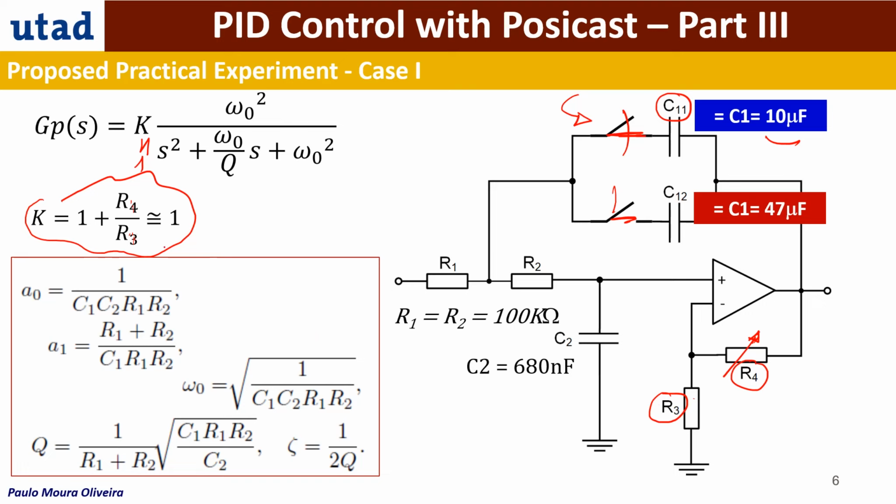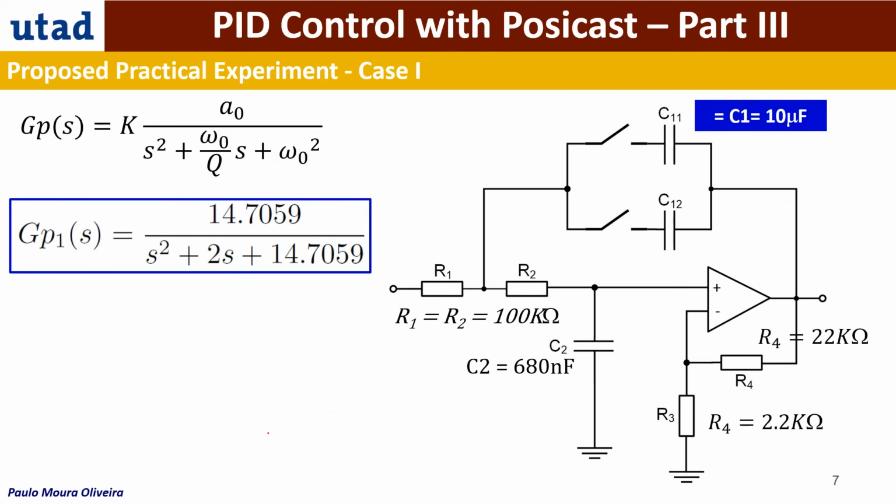1. Also, by analysis, we can determine A0 as a function of C1, C2, R1, and R2, and A1 also as a function of the resistors and the first capacitor, the natural frequency, the quality factor, and the damping factor.